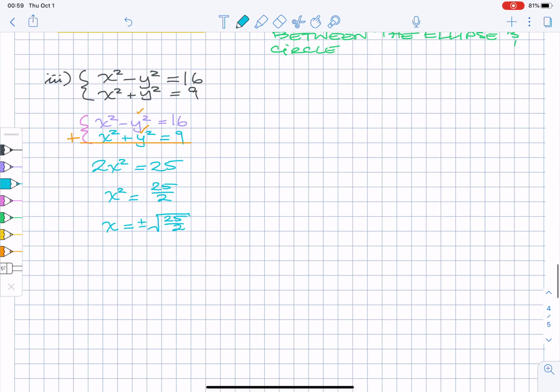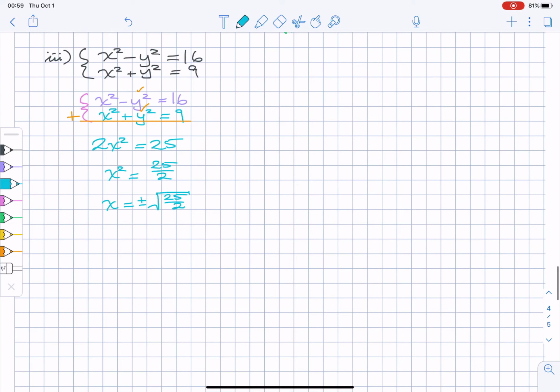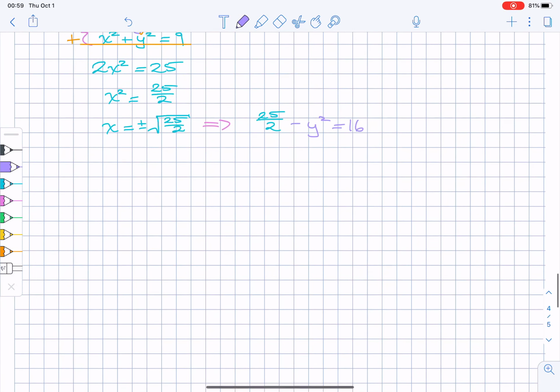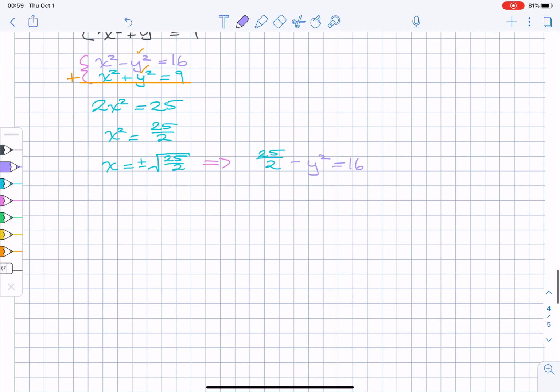So you agree if I square x, which I must do in each case, it won't matter about the plus or minus. So coming over here to y, x squared is always going to be 25 over 2, minus y squared is equal to 16. That's plugging it into the first equation.